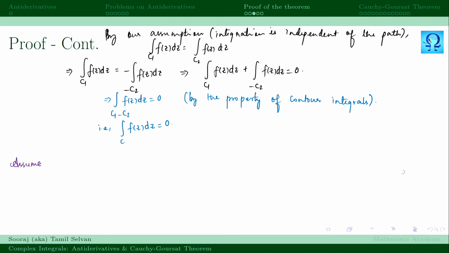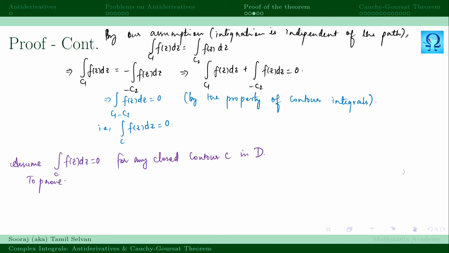Assume the integral over C of f(z) dz is 0 for any closed contour C in D. With this, what should we prove?